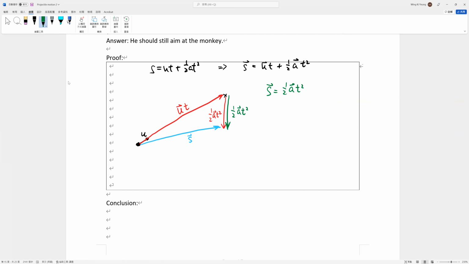So that's why you can see that the bullet can really hit the monkey by using a simple vector diagram. Given that the gun initially points towards the monkey, no matter how fast or how slow the bullet is, the bullet can always hit the monkey.